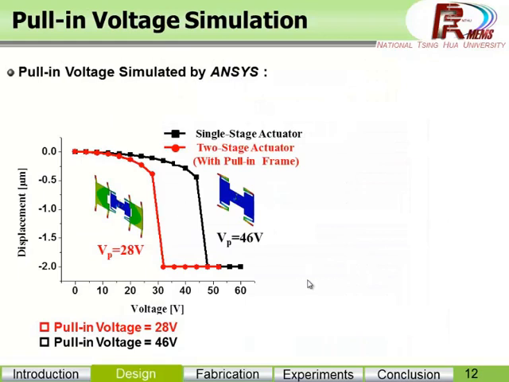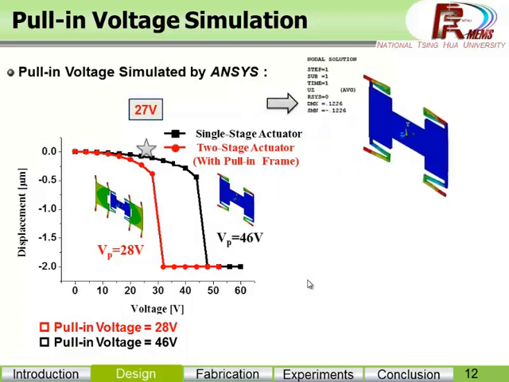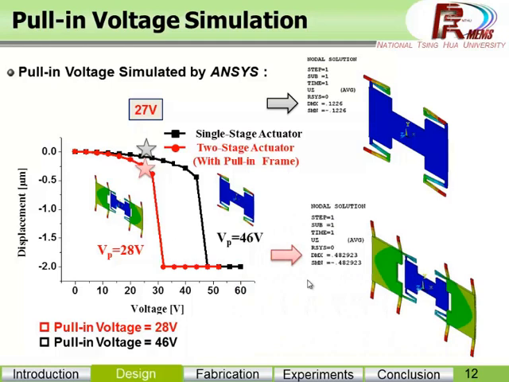Here we show the simulated actuation performance of the conventional single-stage design and the proposed two-stage design as the DC bias voltage increases. When we raise the voltage to 27 volts, the displacement of the single-stage actuator is only 0.12 micrometer, while the two-stage design achieves a 0.48 micrometer displacement, which is 4 times larger than the single stage.